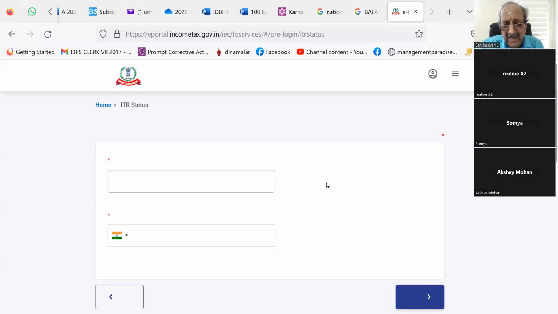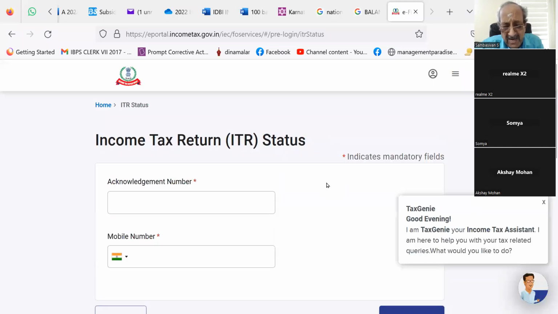ITR is income tax returns to be filed by income tax assessees every year. Nowadays it can be done online and you will get acknowledgement immediately. Now it is being processed by Infosys. Nowadays the processing is done very quickly and more or less within 1 month you get the return.